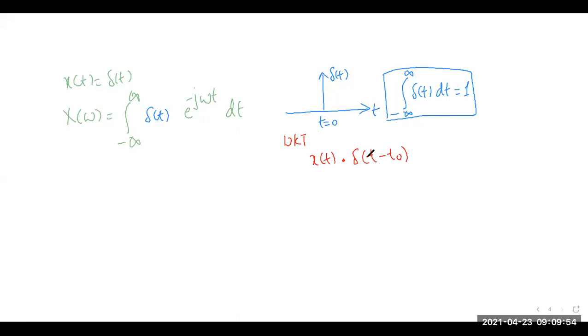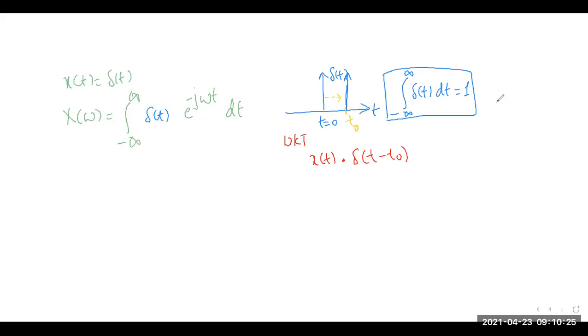Right now this delta of t is not just defined at t equal to 0. What I'm trying to do is shift this to some time instant t naught, such that this entire thing is defined only at t equal to t naught. So this is how it looks.